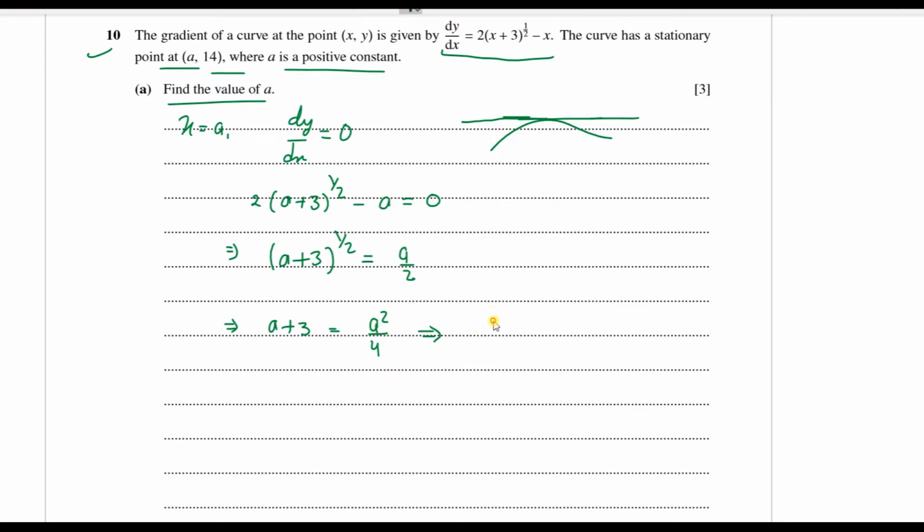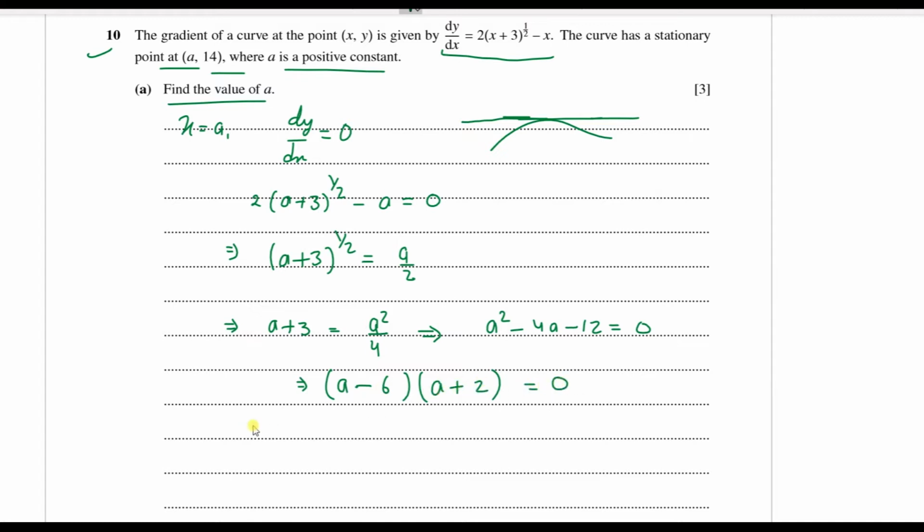We will get a squared minus 4a minus 12 is equal to 0. From here we can factorize this, like 12 is 6 times 2, so (a minus 6)(a plus 2) is equal to 0.